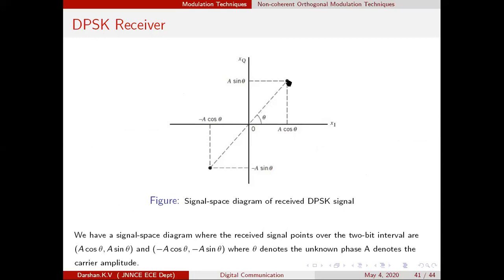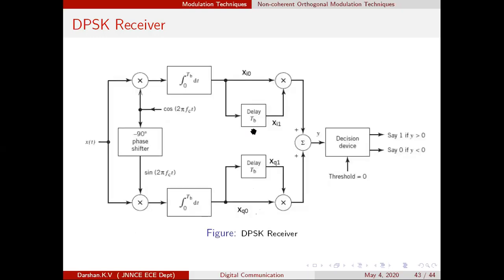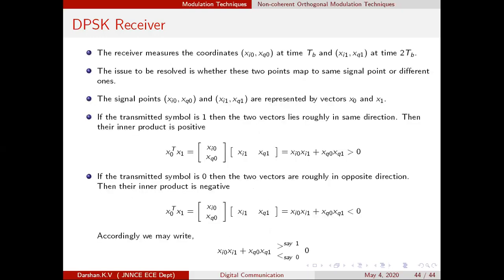If one received signal is plotted as a point over here, and the second received signal is out of phase, then it would lie over here, and the vectors are in opposite directions. So if two vectors are in the same direction, then mathematically their inner product is positive.